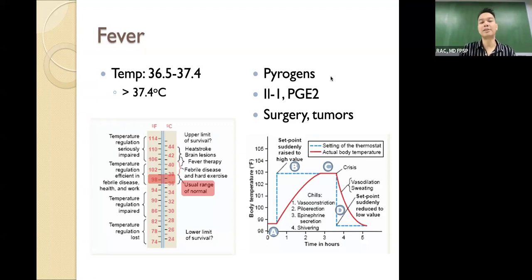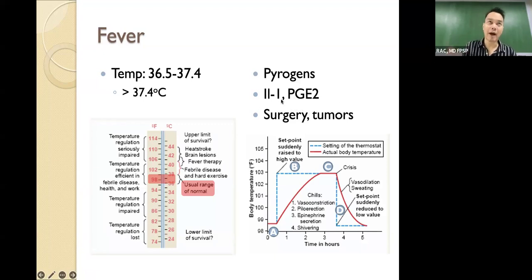Now, fever is due to these factors. Of course, you have your pyrogens. Your pyrogens are your bacterial byproducts, bacterial fragments, endotoxins, exotoxins, etc. All of these will set the set point high, so that will now cause fever. Other factors, you have your cytokines like interleukin-1 and inflammatory mediators like prostaglandin.